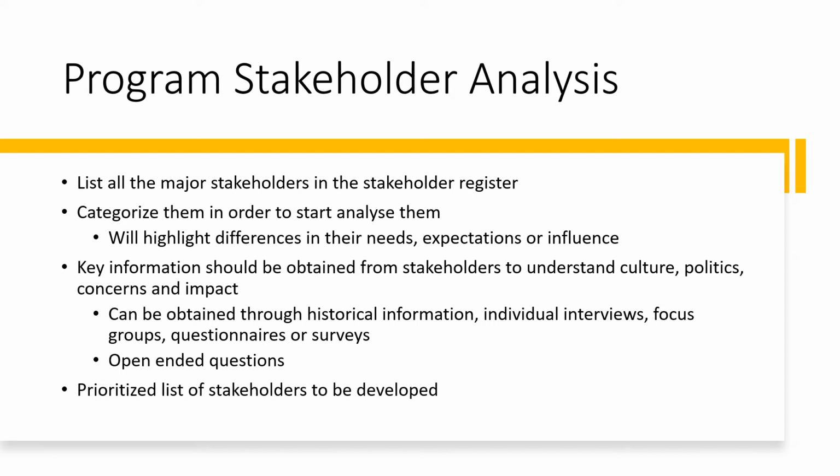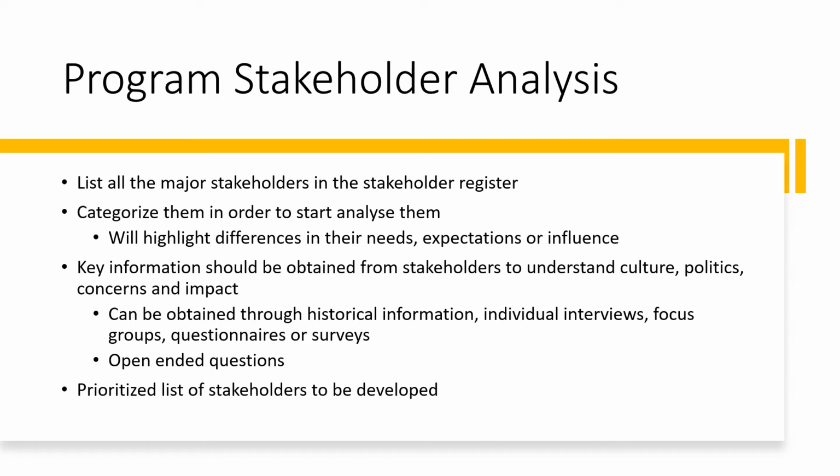So you can obtain the key information from the stakeholders to understand the culture, politics, concerns, and impact. You can obtain the information through historic information, individual interviews, focus groups, questionnaires, and surveys. As part of your surveys and questionnaires, you can have open-ended questions. That's how we can obtain key information from the key stakeholders to understand their expectations and plans.